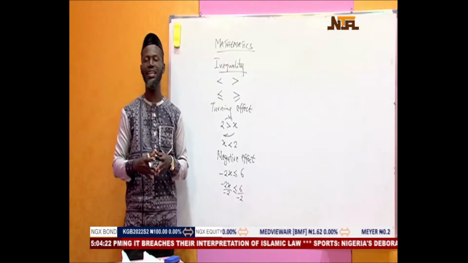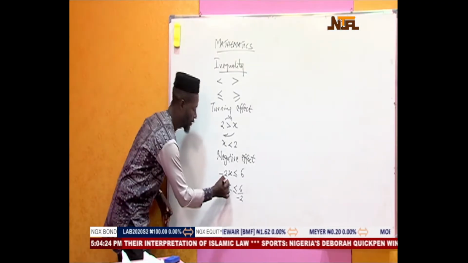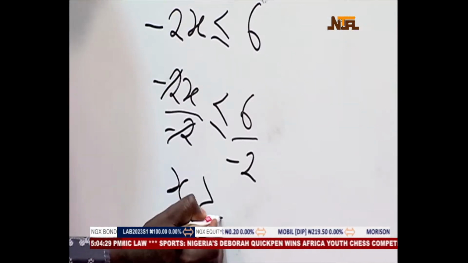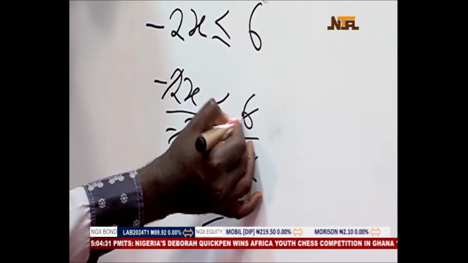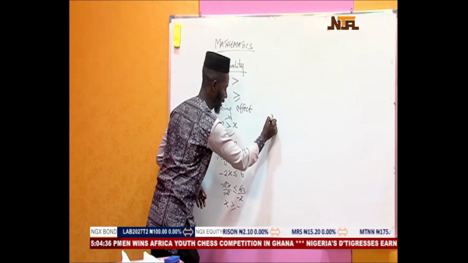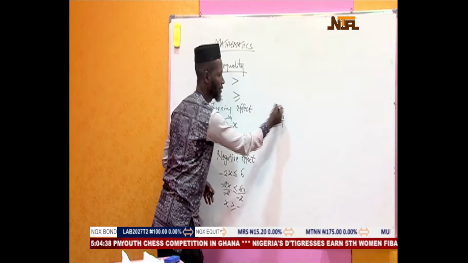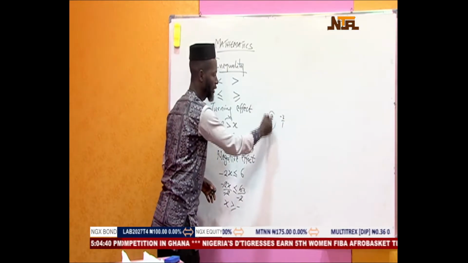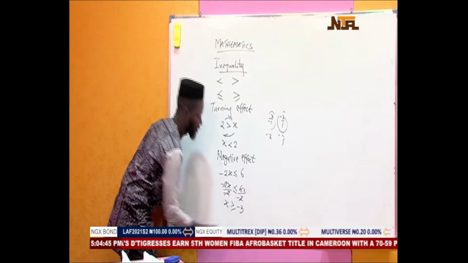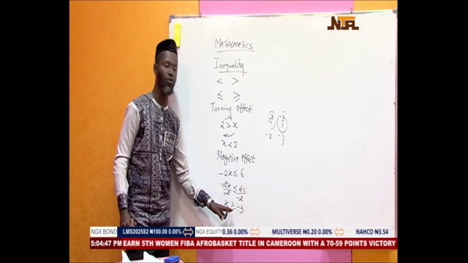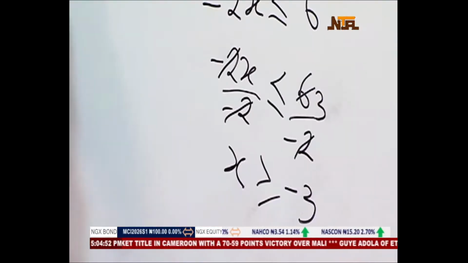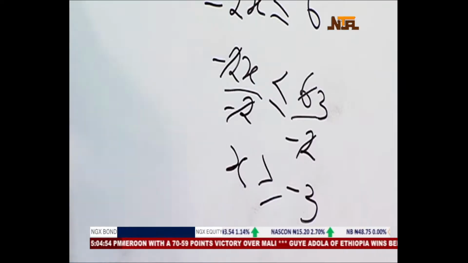Now, as we've divided both sides by -2, it will now be x greater than or equal to 6 divided by -2, which is -3. So it's now x greater than or equal to -3. Because we divided both sides by a negative, the inequality sign has been affected.